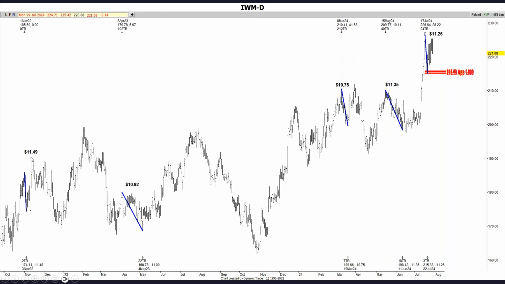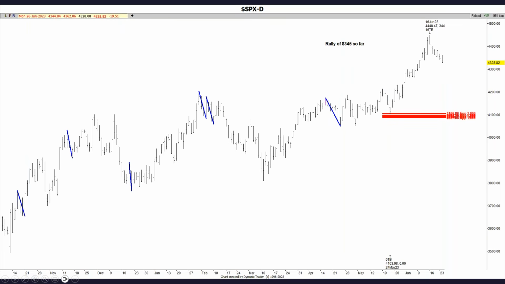One is $11.49, one is $10.92, one is $10.75, one is $11.35. So I go high, low, to the more recent high. I came back to that 17th of July high 4 different times to find those 4 different pieces of symmetry that gave me that setup zone. And as you can see, it held and continued that move up.